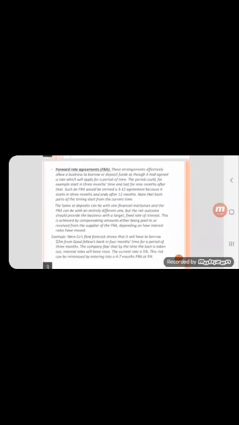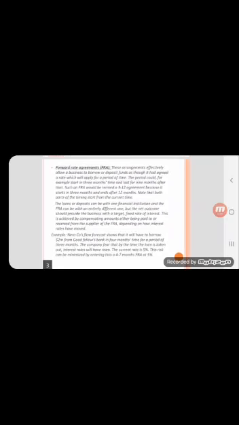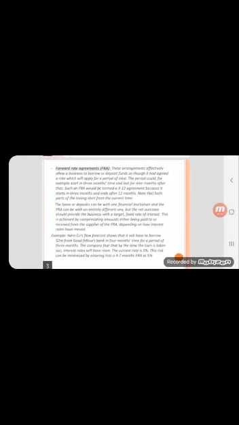Next, forward rate agreements. These agreements effectively allow a business to borrow or deposit funds as though it had agreed a rate which will apply for a period of time.